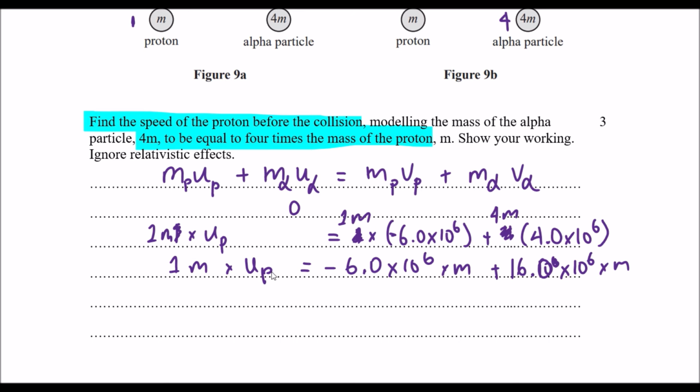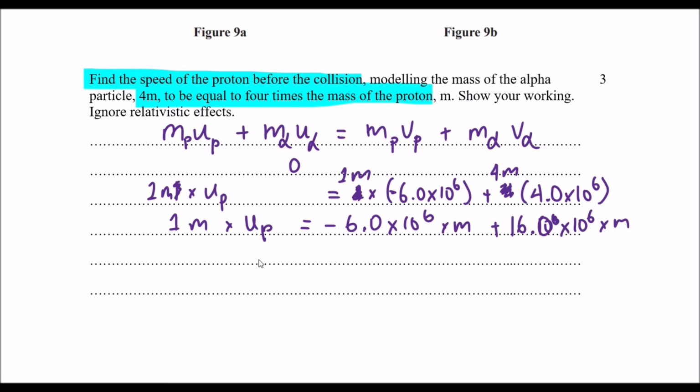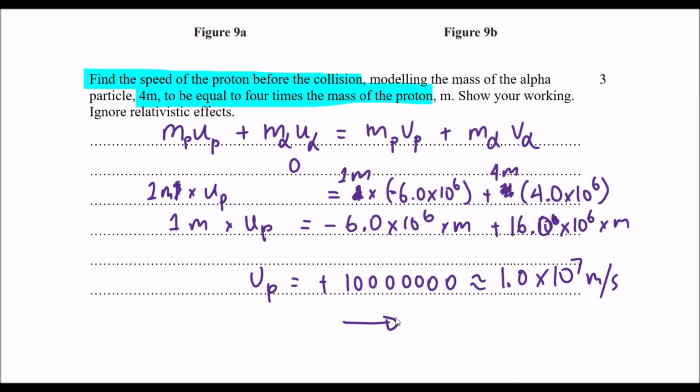So we can add these two values together now, and then we can round off to find what the value for UP is. What I find as the initial velocity of the proton was positive, I think that's 1 million, so 1, 0, 2, 3, 4, 5, 6, 7. If I round that off, 1.0 times 10 to the power of 7 meters per second. That was the original velocity of the proton, and it was going towards the right-hand direction there.